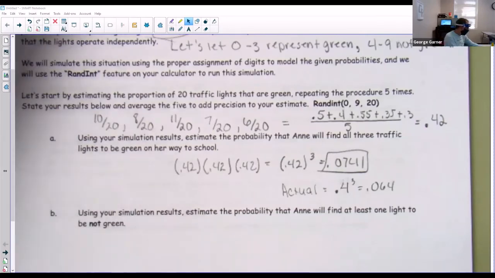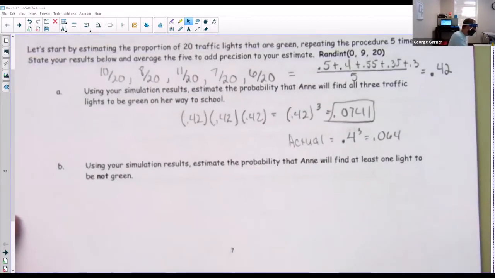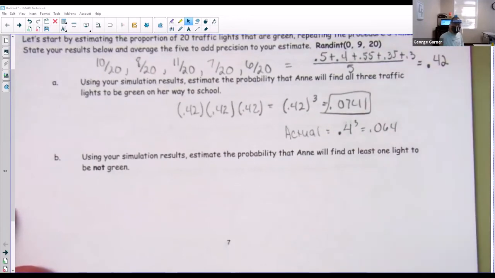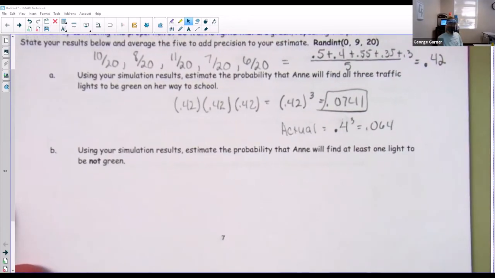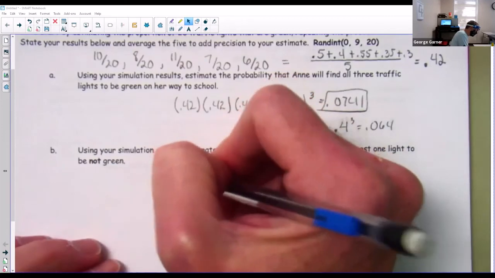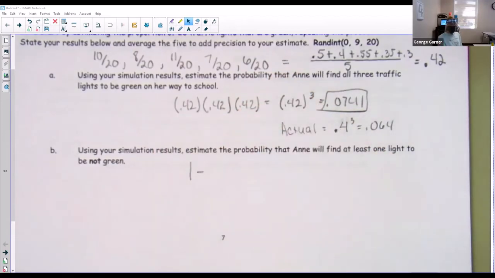And then finally, for letter B, this is an interesting question. When we learn probability, you'll get questions like this a lot. It says, using your simulation, estimate the probability that Ann will find at least 1 light to be not green. Well, all the probabilities add up to 1. If you subtract from that the probability that they're all green, then you'll get the answer to the question.